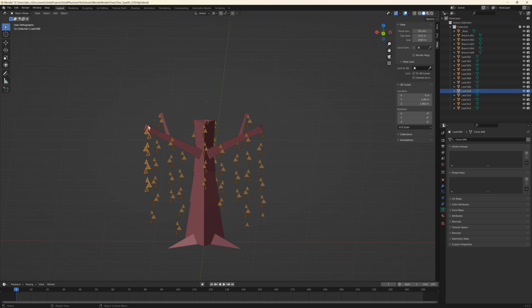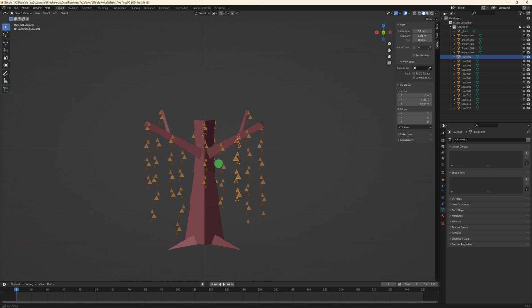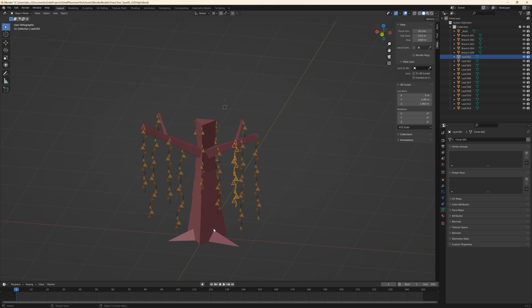The way I've gone about doing it is by setting the origin. So you can see the origin of each of these vines I've carefully set to be behind the tree by an amount, and you can see it changes. How far the origin is behind the model is actually based on the height of the stem.